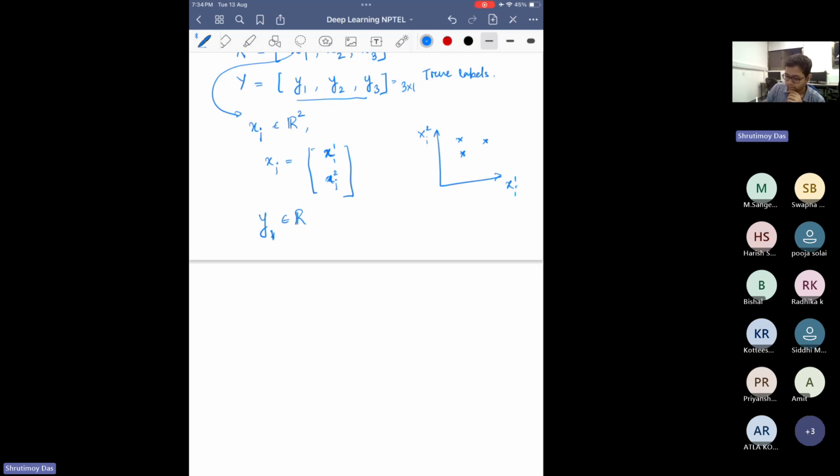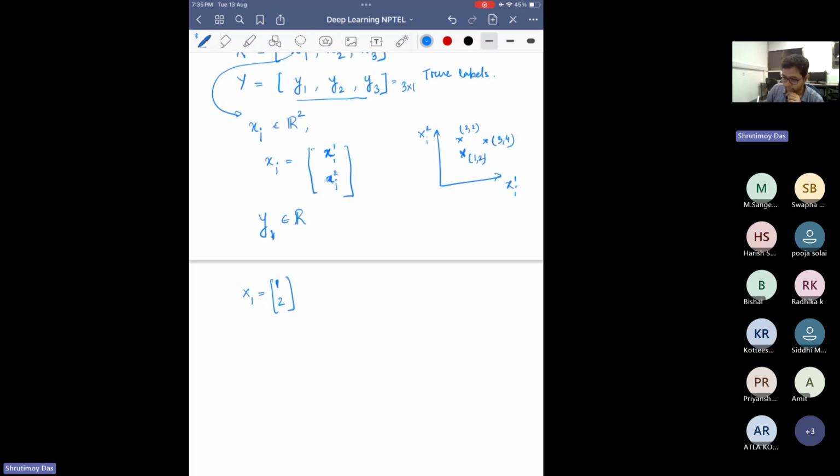So suppose I say that this is my data point. This is at, say, 1, 2. This is at 2, 2, and I'm just saying these are not correct. This is 3, 4. So I have x1. X1 has, say, 1 and 2 as the input.